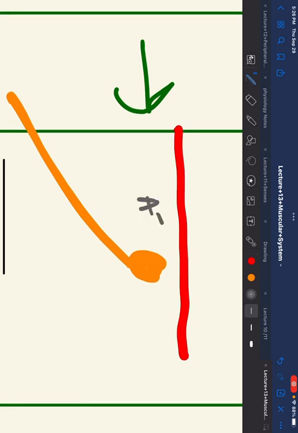Notice when ATP hydrolysis occurs, the conformation of the head is different.